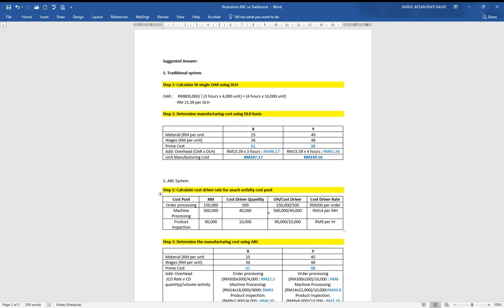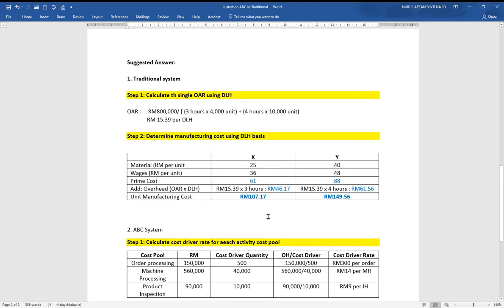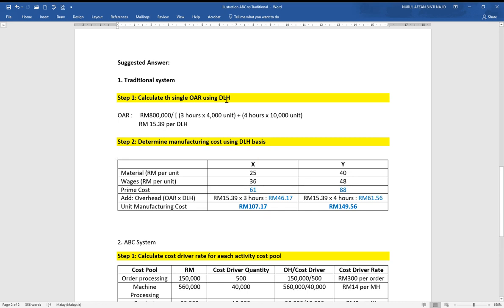So we're going to start with the traditional system first. In the traditional system, there are two steps involved. First, you need to calculate the single OAR using direct labor hour.